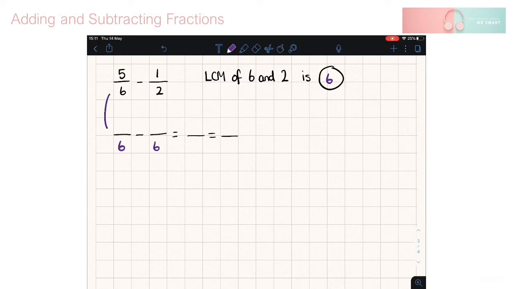We do that by multiplying the first fraction just by 1, and the second fraction by 3. Okay, so 5 multiplied by 1 then is 5, and 1 multiplied by 3 is 3. And 5/6 minus 3/6 is 2/6. And remember, sometimes you need to simplify or cancel your fractions at the end, and 2/6 equals 1/3.